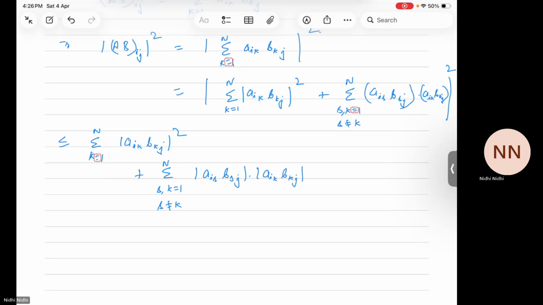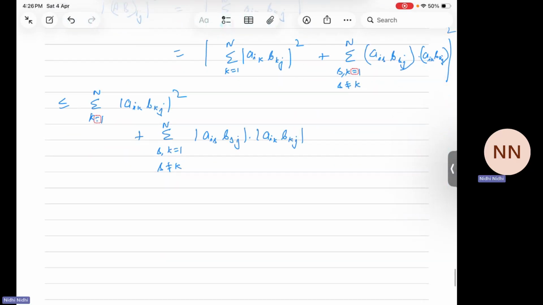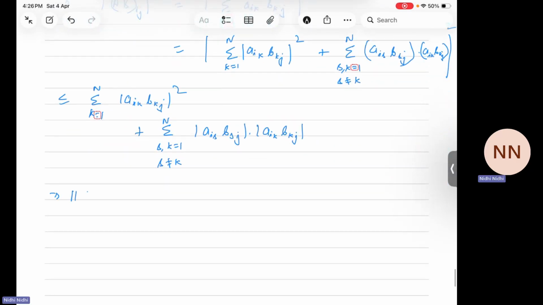And therefore the norm of AB squared is equal to the summation ij from 1 to n of the modulus squared of the ijth element of AB.